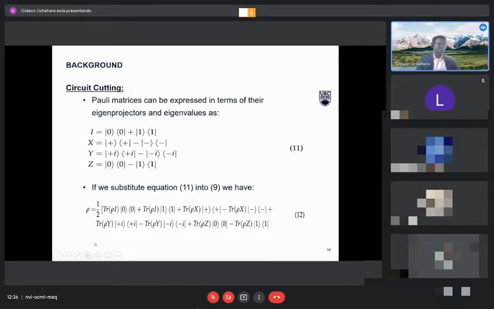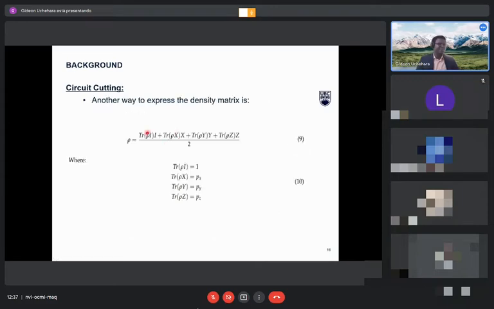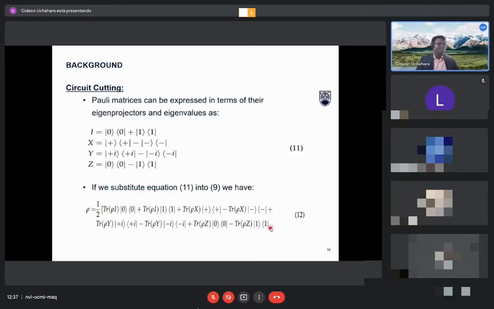This on its own is called the eigenprojector for the identity, and this is also another eigenprojector, which corresponds to the other eigenvector for the identity. Same applies to all the other Pauli observables. Now, why did I have to introduce this? If we substitute these expressions back into the equation that we have here, we are going to have this equation.